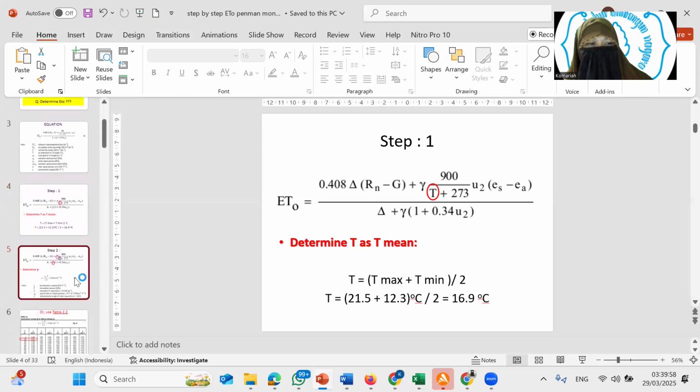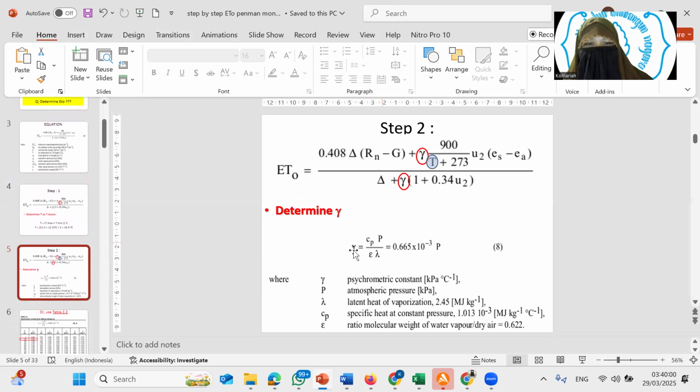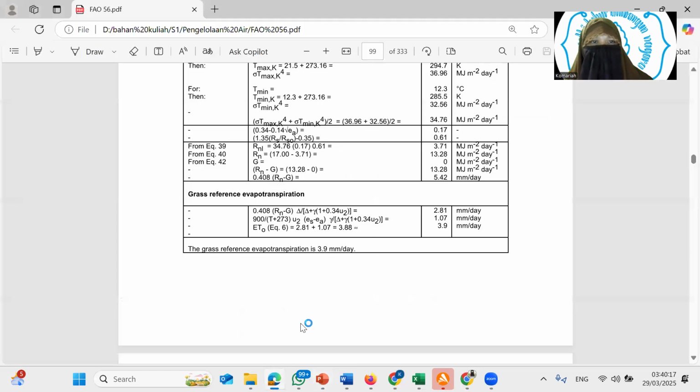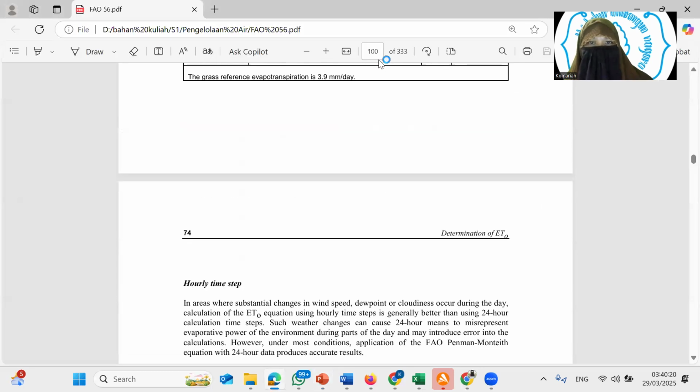And then the next step is determining the gamma. This is the formula to calculate the gamma. But however, we can use table 2.2 from the handbook. So you can search in the handbook.